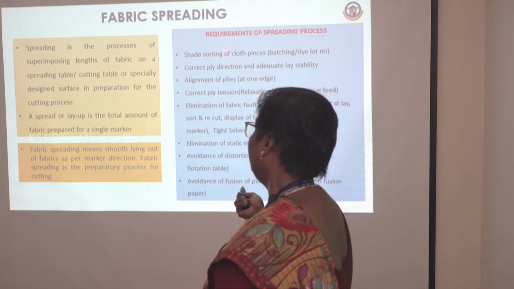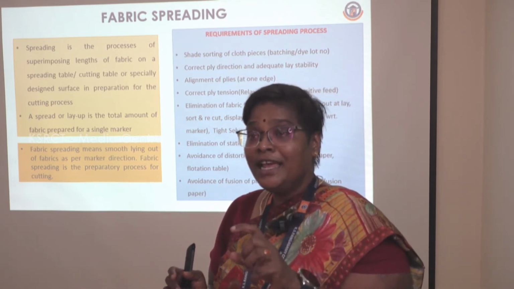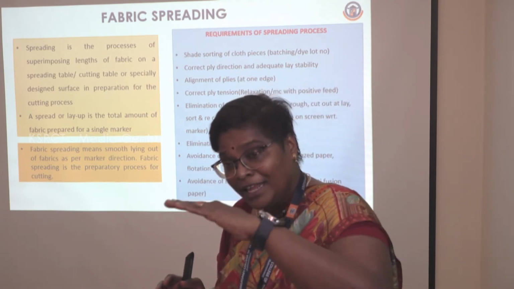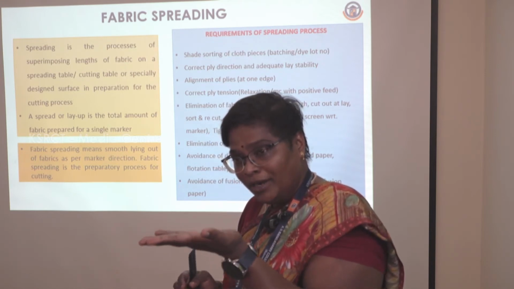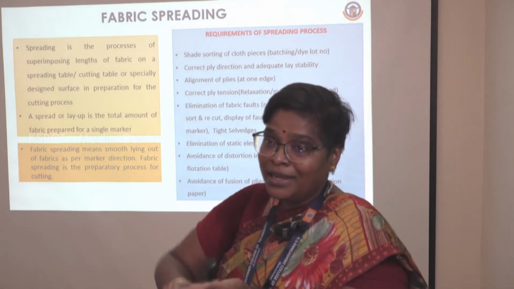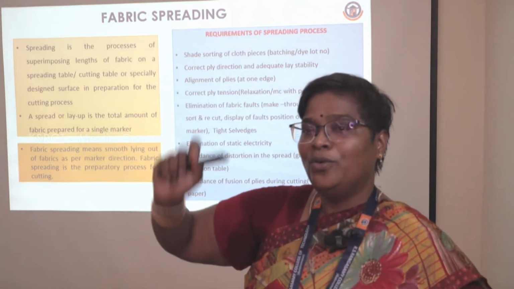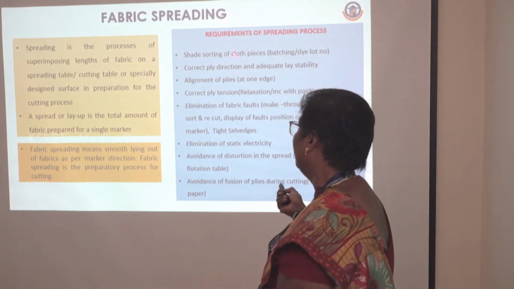When you take that kind, you have to see whether the direction of the design is arranged correctly in every lay of the fabric. For example, one lay will have one design direction, another lay will have another design direction. When you make a cutting, that particular piece will go as waste. To avoid that, we need to have a correct ply direction.